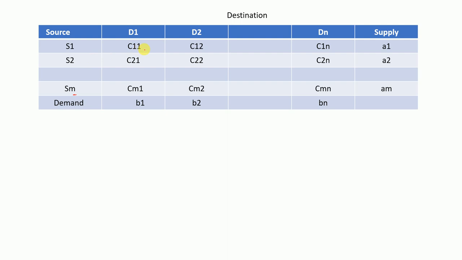Cij is the per unit transportation cost from the ith source to the jth destination. So these are the costs.